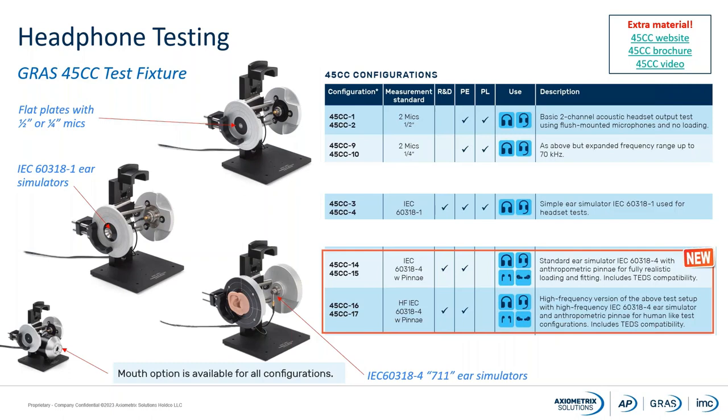For testing in-ear and earbuds with the 45cc, you will need an ear canal, so therefore you have to go to the newer version of the 45cc, the versions which actually have the IEC 6218-4 ear simulator mounted.